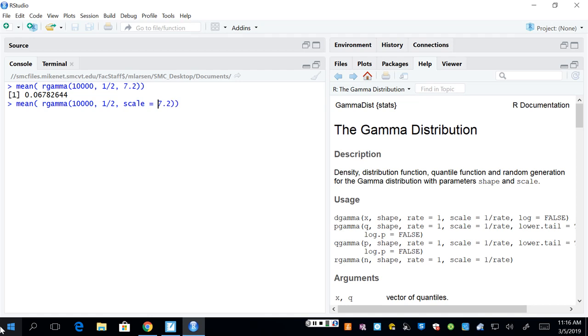It's called the scale parameter. You can either do it scale or rate. You could do 1 over that parameter. So if it's done this way, then it's rate 1/2 and rate 7.2. And if you generate a bunch of those and take the standard deviation, it's about the 5.2 that we wanted.